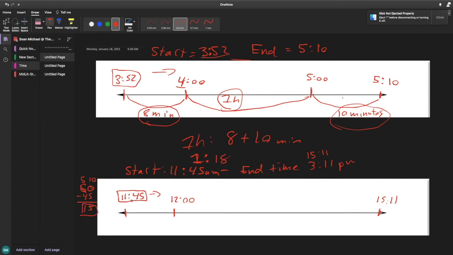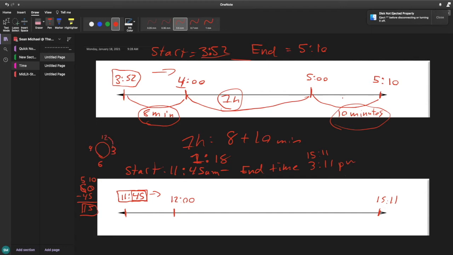Now 45 in particular is one that you should try and kind of remember, right? 45 is 15 minutes away from the hour, and that's why we say quarter to, because if you remember clocks, they have a 3 here, a 6 here, a 9, and then you have the 12.